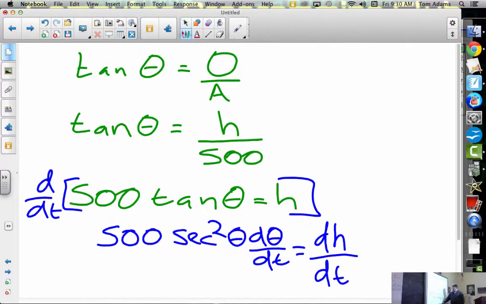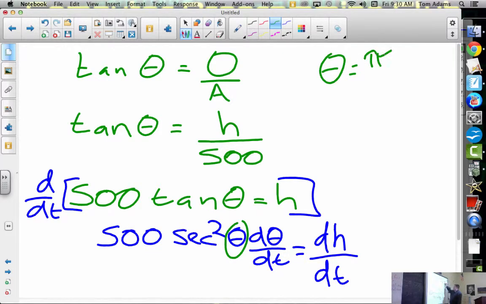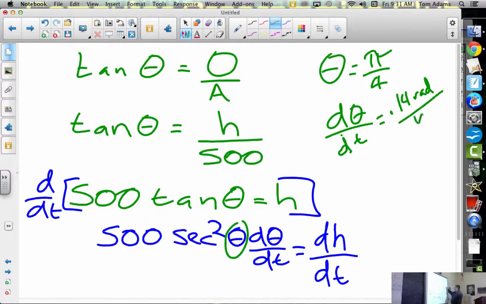Guess what? I know that theta at this instant in time is pi over 4. I also happen to know that d theta dt is equal to 0.14 radians per minute, right? So I could just plug in a bunch of numbers and I should get the answer.